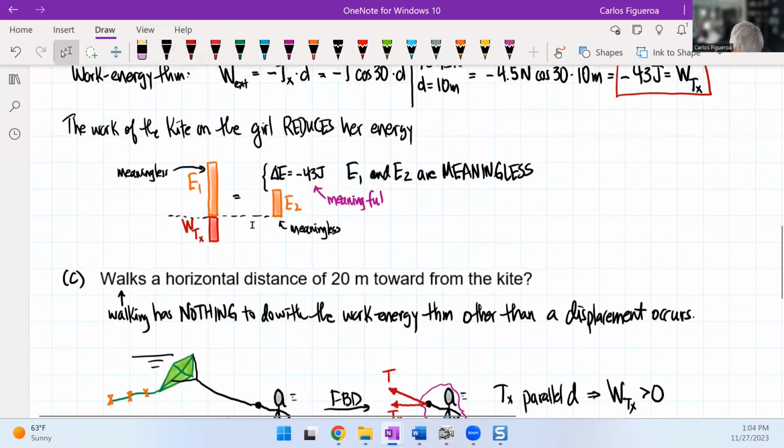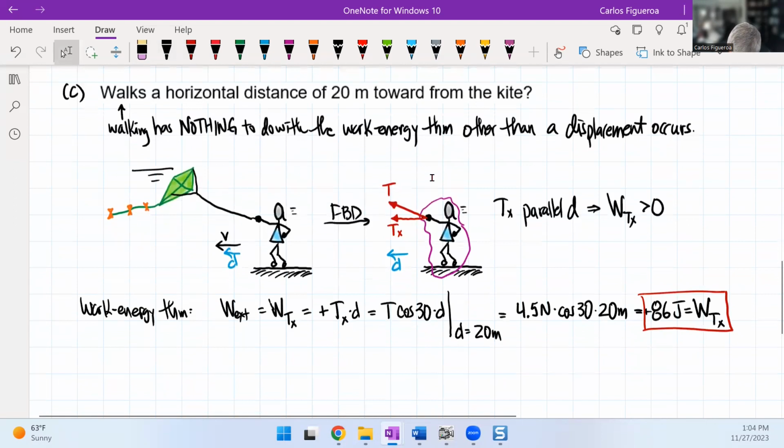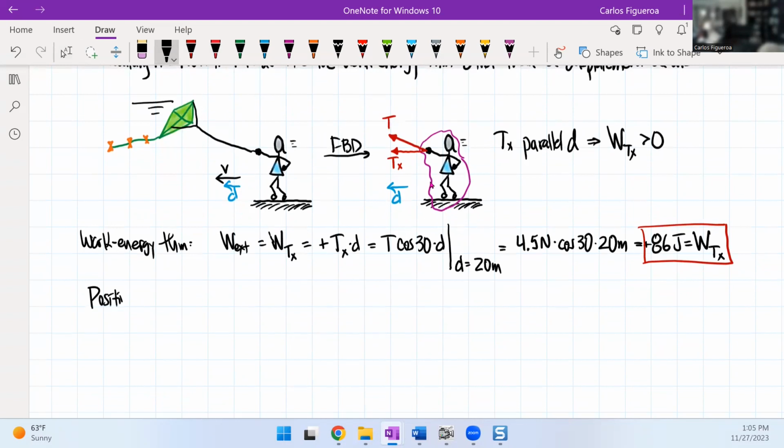But again, just like we said before, the work in this situation changed the energy of the girl. In this case, we could say that the positive work of Tx increases her energy.